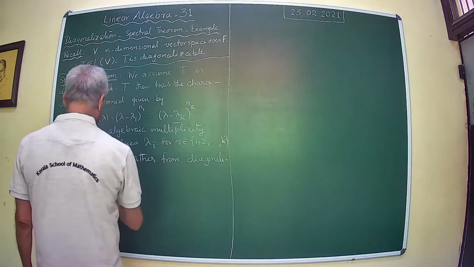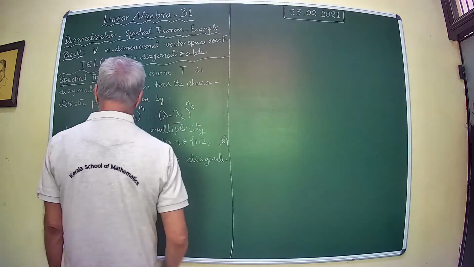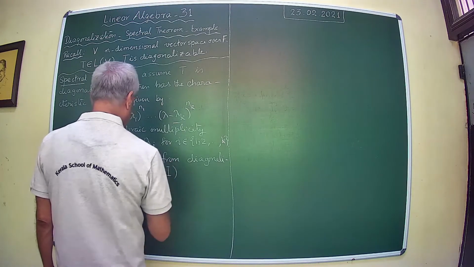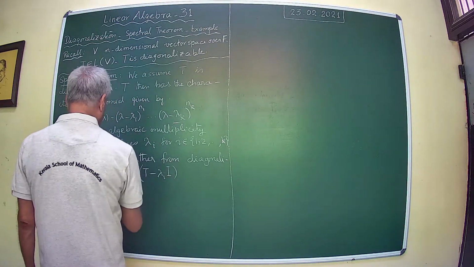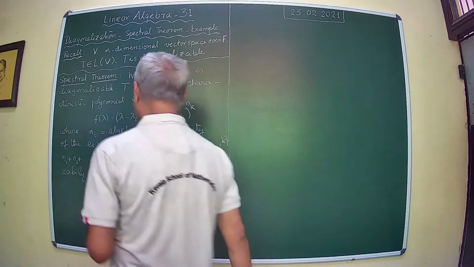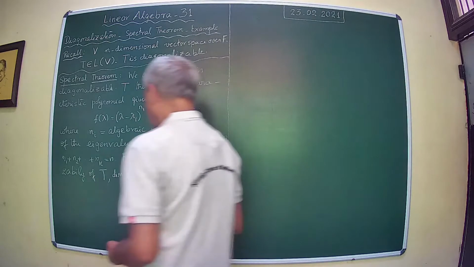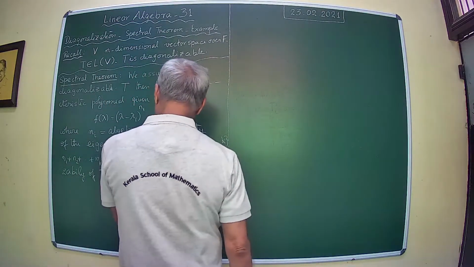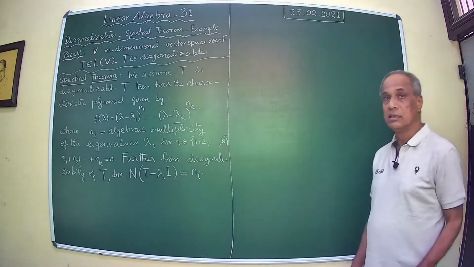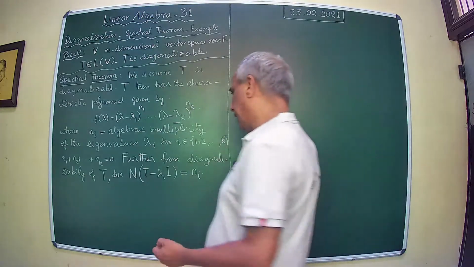T, dimension of the null space of T minus lambda i I is equal to ni. In general, the dimension of the null space of T minus lambda I is less than or equal to ni, lies between 1 and ni.